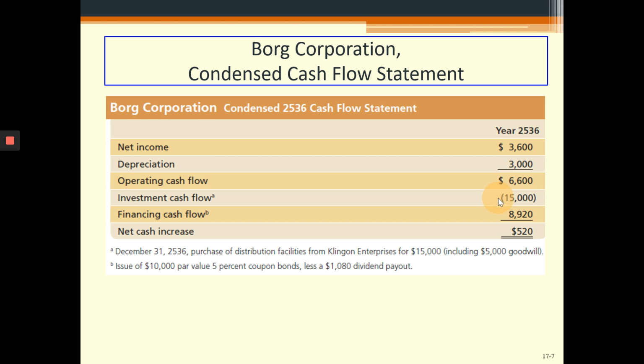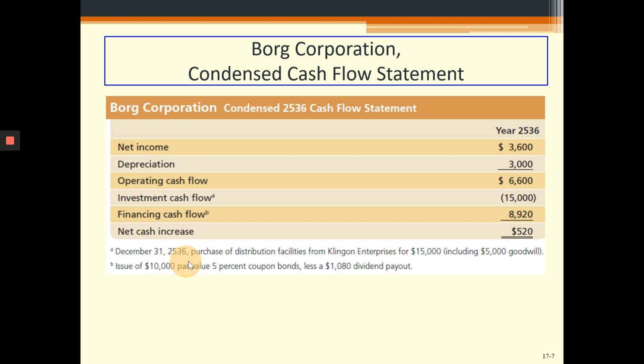And then financing cash flow is 8,920. Actually, they sold the bond at 5%, and the collective value of that bond is 10,000. So they generated 10,000 under the head of long-term liabilities at the end of 2536 year.